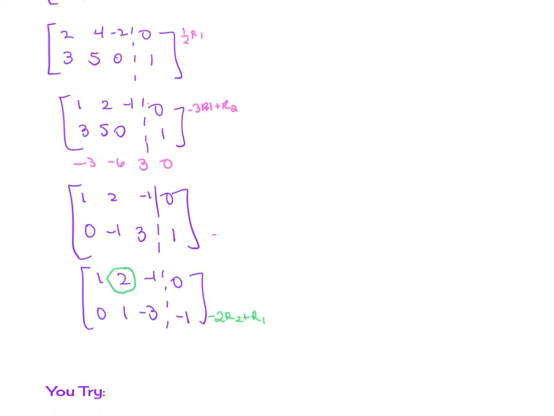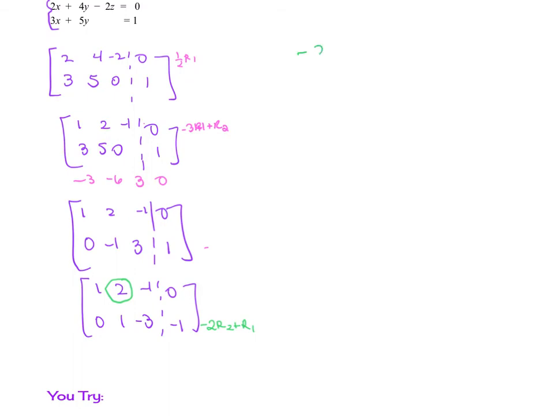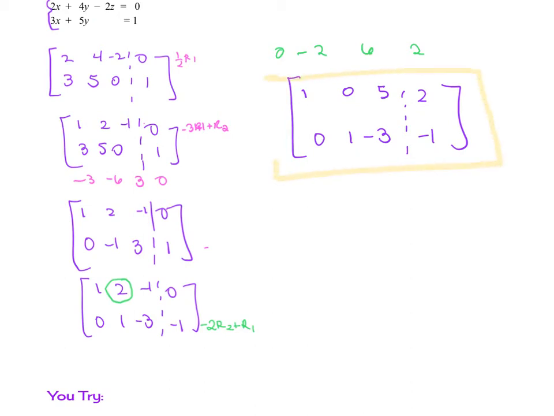So that is -2, +6, and +2. So this becomes 1, 0, 6 minus 1 is 5, and then 2, and then we have 0, 1, -3, and -1. So here is the form that we are looking for, reduced row echelon.